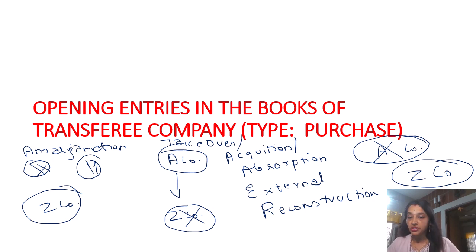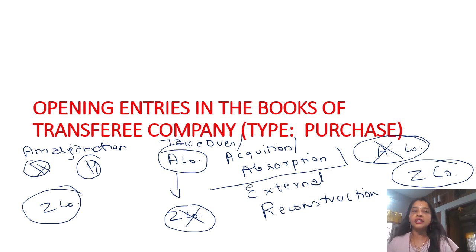Here there is no combination, but in case of takeover, acquisition and absorption, there are combinations. But in case of external reconstruction, there is no combination. The same company will close and the same company will form into a new company. But the closing is there, that is why it is called external reconstruction. If the closing is not there, it is completely a different chapter. It is in the next module, that is internal reconstruction. So these things tell us the difference between amalgamation, taking over, acquisition, absorption or external reconstruction.